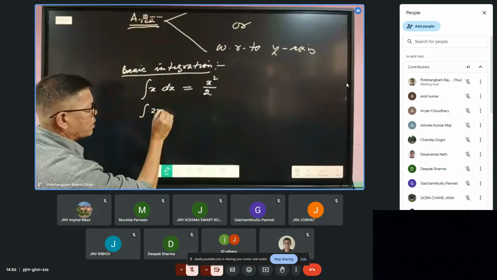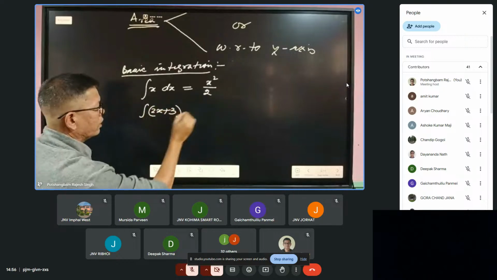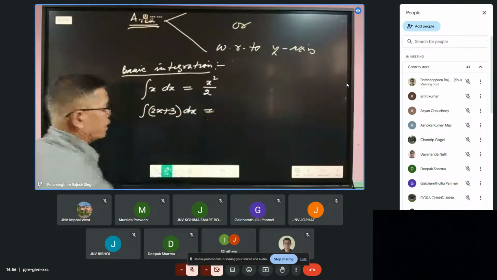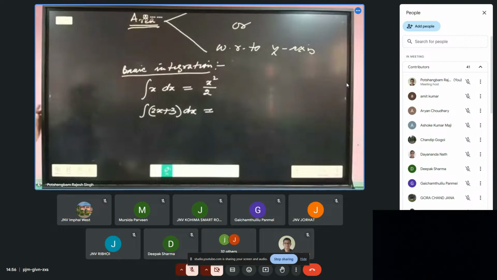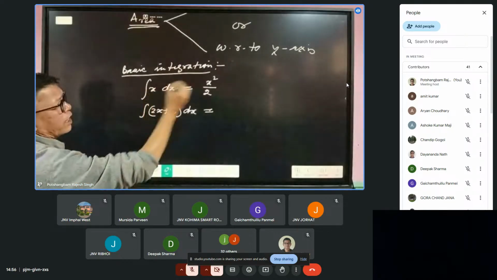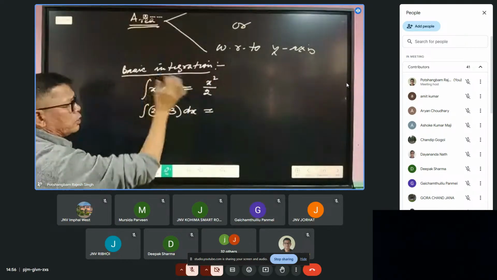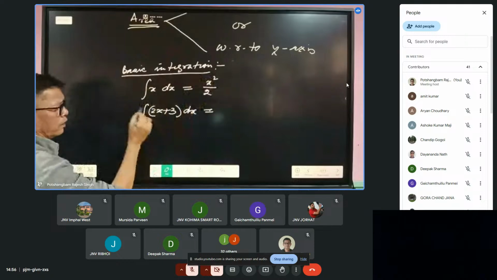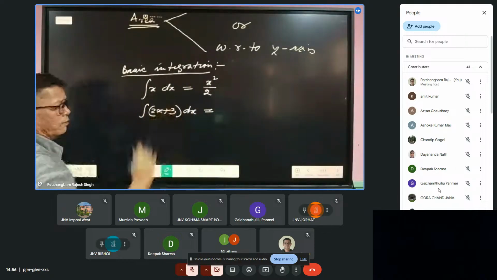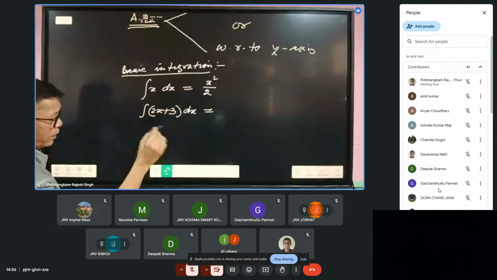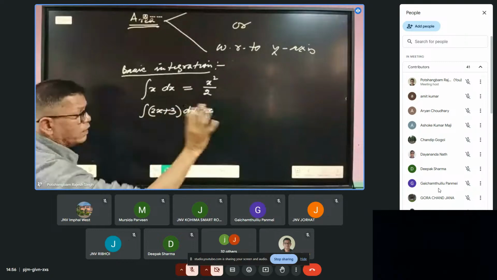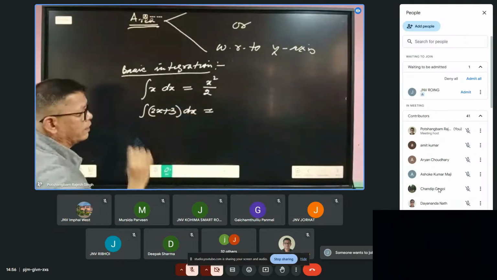Twice x plus 3. Then what about the integration? You know the integration of x squared by 2. As you know the integration of x, this can also be integrated by the linearity property.